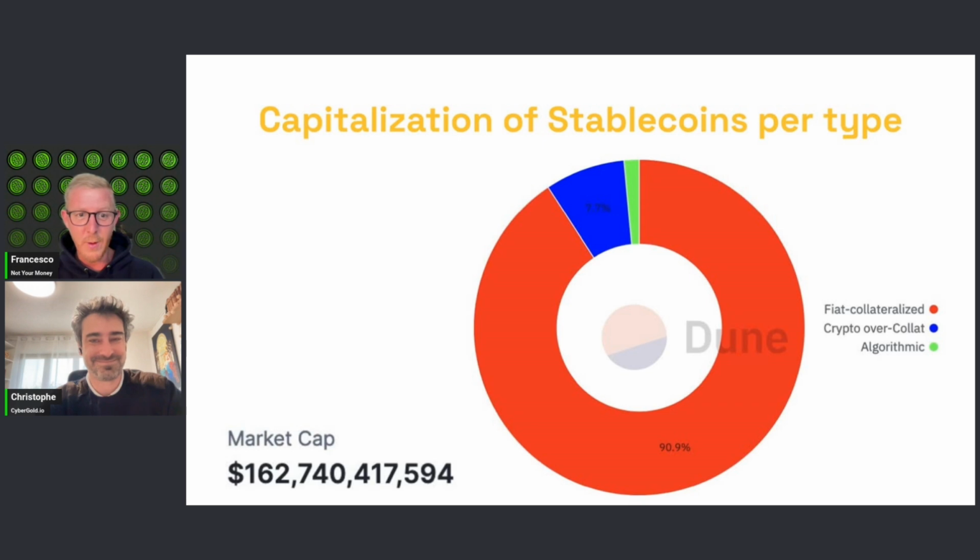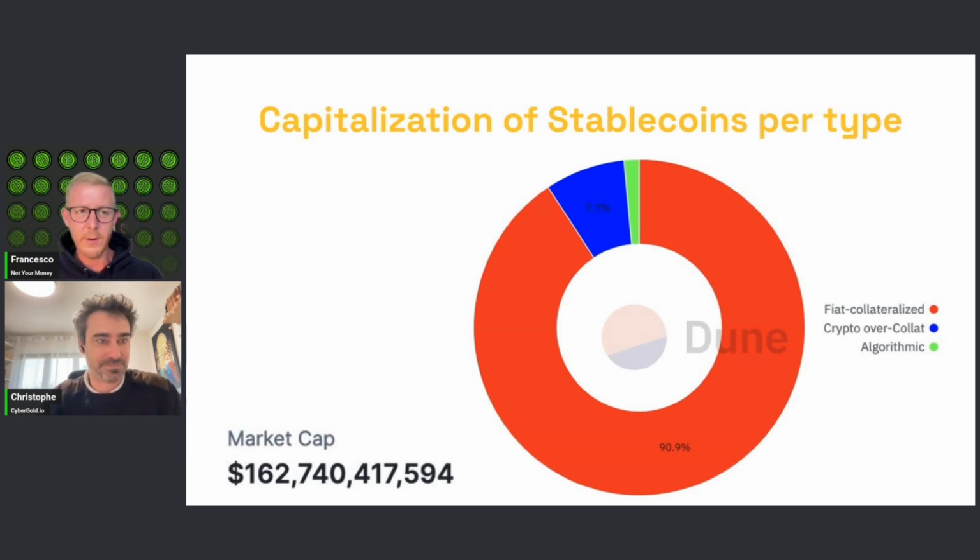Algorithmic starts getting quite technical. I think the latest one, what is it? Ethena, one of the last algorithmic stablecoins that have entered the market. In fact, Ethena is more crypto-collateralized, but it's centralized as well. So even if you say that they are decentralized, it's not really the case. They are not really algorithmic. Indeed, the algorithmic stablecoins are almost no more in use.